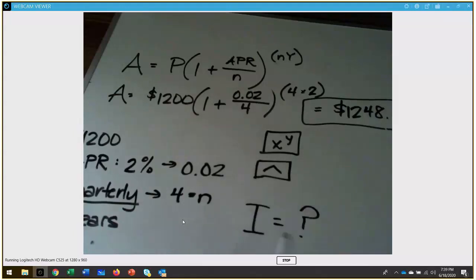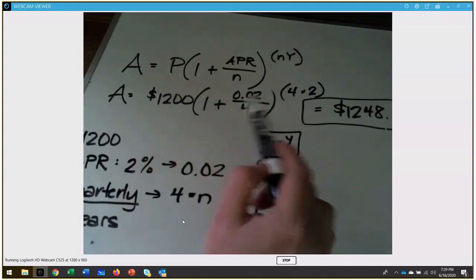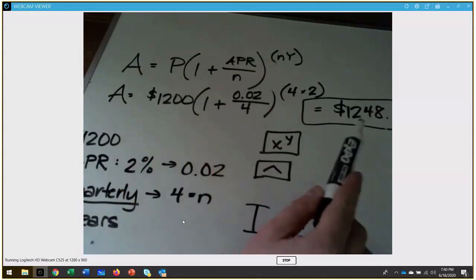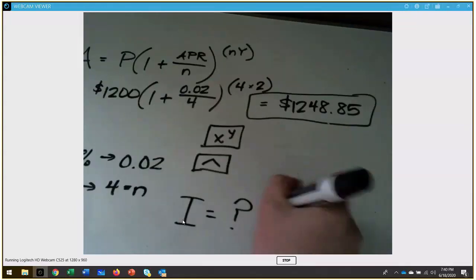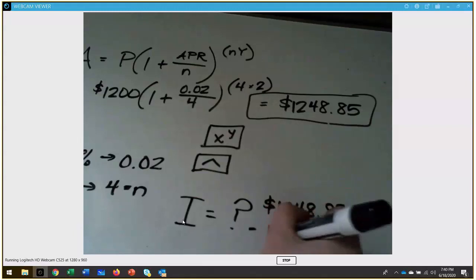You can't use the simple one because that's for simple accounts. So if you're asked for interest on a compound account, you still have to go through this whole formula, plug it all in, figure out what your total is, and then to find the interest, subtract what you ended with minus what you started with.